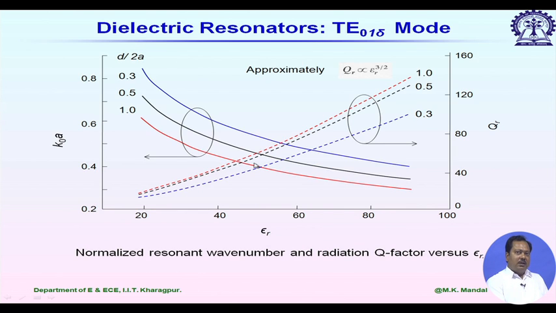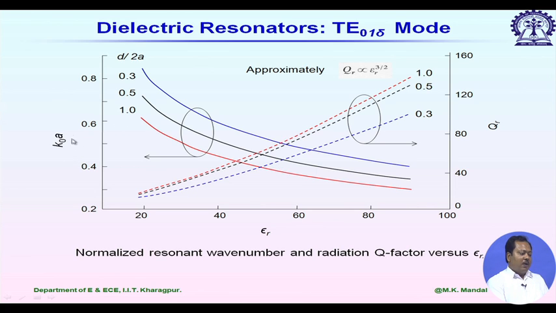Now, since QR is minimum among the three different quality factors, let us see which parameters QR depends on. Again we are considering three different aspect ratios, d by twice a equal to 0.3 for the blue line, 0.5 for the black one, and 1 for the red one.